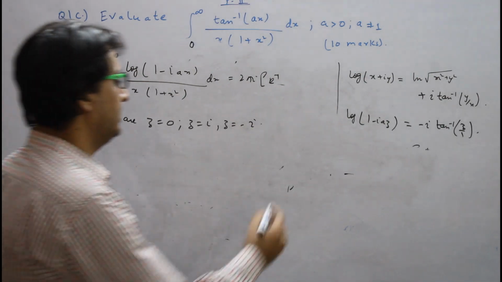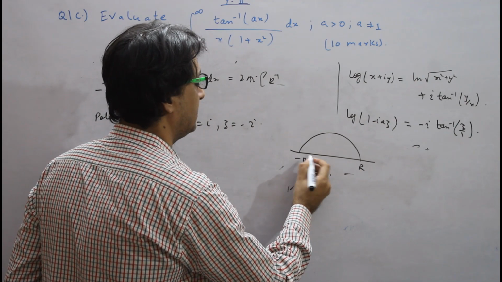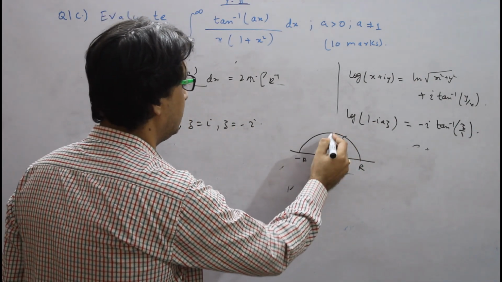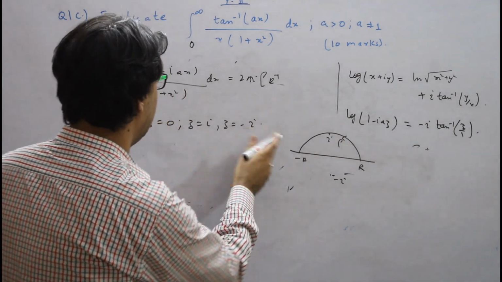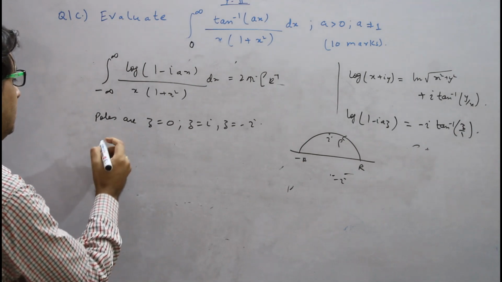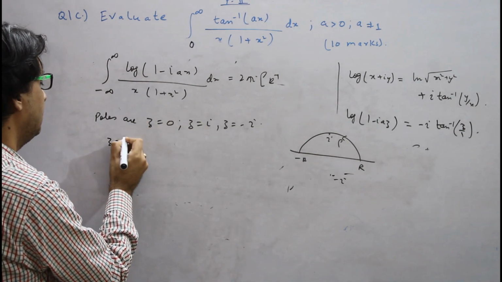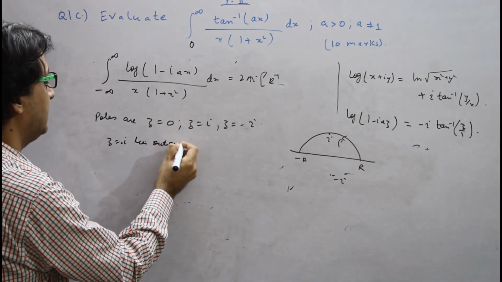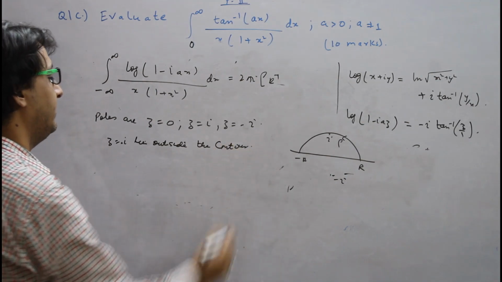I can see that the upper half plane ranges from minus r to r. So here we have minus i and i. Minus i is outside, so we are only concerned with z equal to 0 and z equal to i. z equal to minus i lies outside the contour, so we will not factor it.